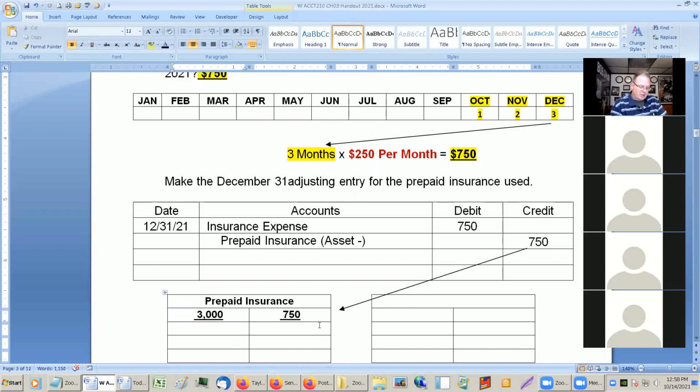I better use Mr. Calculator just to make sure. Yep. So this will be the ending balance in the prepaid insurance. Insurance expense, we debited that for 750.